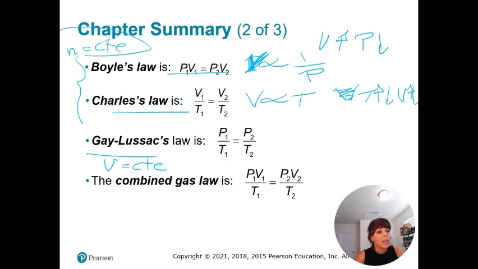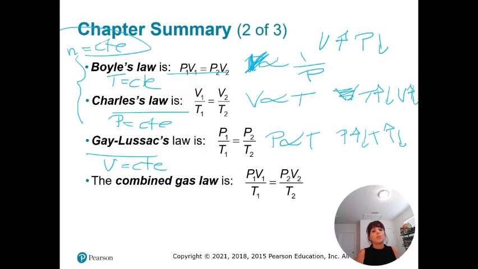Here the pressure is constant, and here the temperature is constant. Pressure is directly proportional to temperature. When you increase the temperature, you increase the speed of the molecules, so they will hit the walls more often. So just remember, chemistry is all about movement, as in physics.